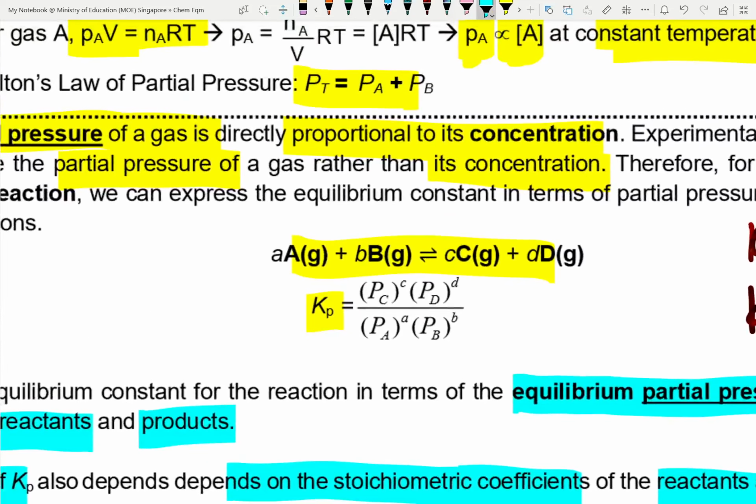So basically for Kp, if I have a system where these are all gaseous reactants and products, what I'm trying to write now in terms of my expression for Kp is all in terms of partial pressure.